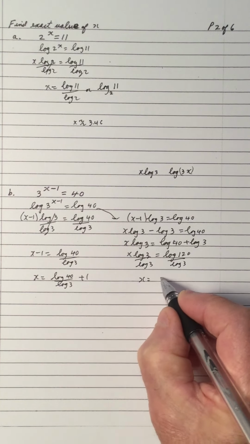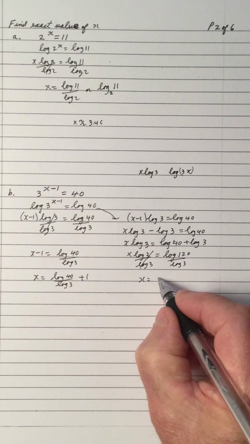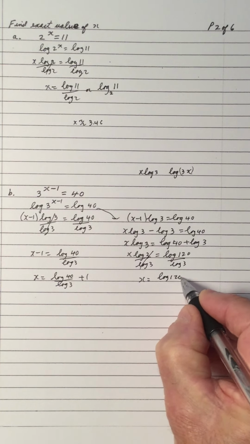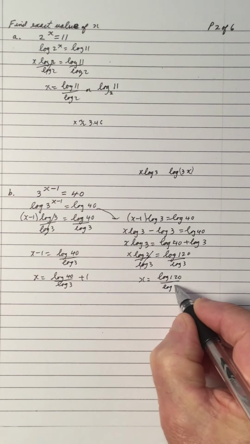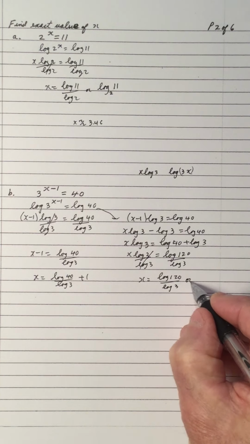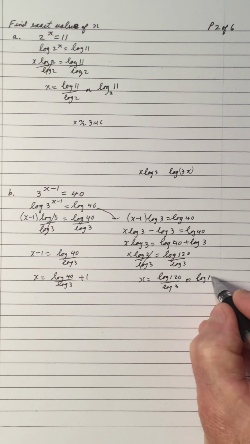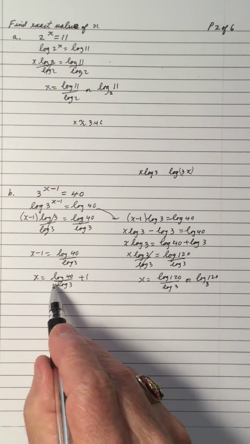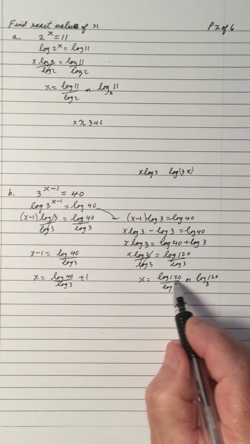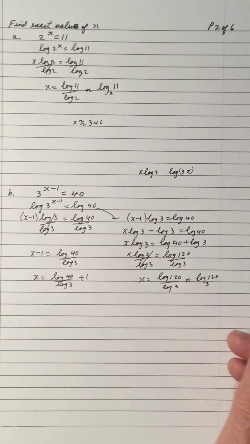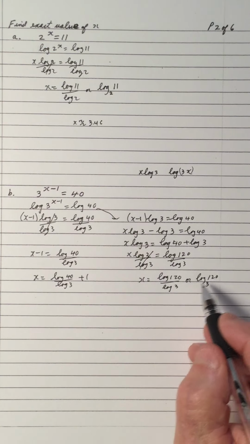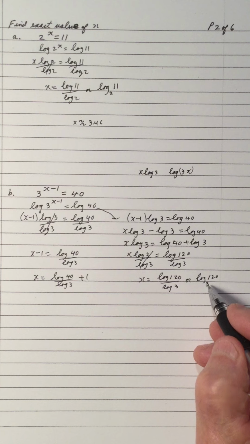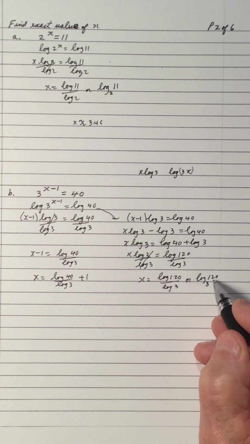So x is equal to, they cancel, the log of 120 divided by the log of 3. Or we could also say that's the log of 120 base 3. So this is the exact answer, or we could have this as an exact answer. Either one makes no difference. They're the exact answers.